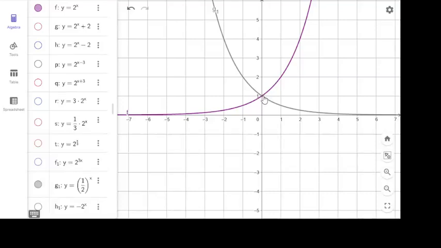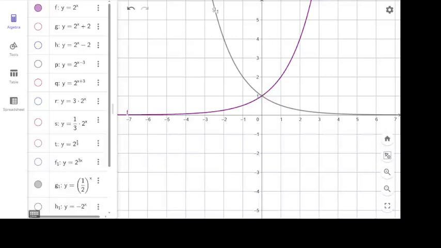Again, my y-intercept is when my input is 0, so my y-intercept here is 1. And the asymptote is y equals 0. My range is from 0 to positive infinity, and my domain is from negative infinity to positive infinity.